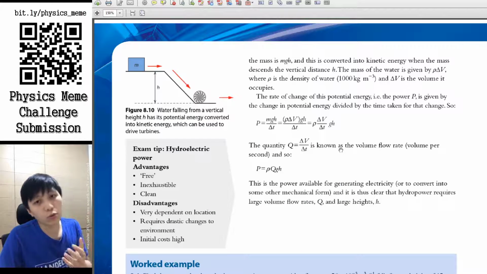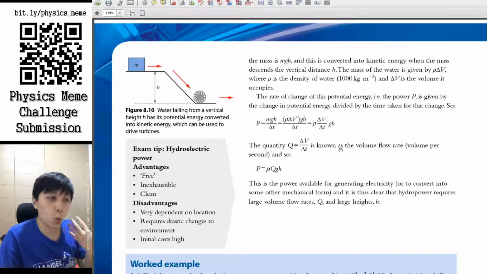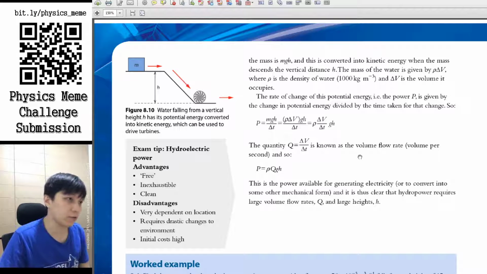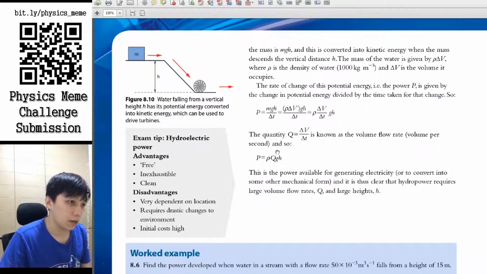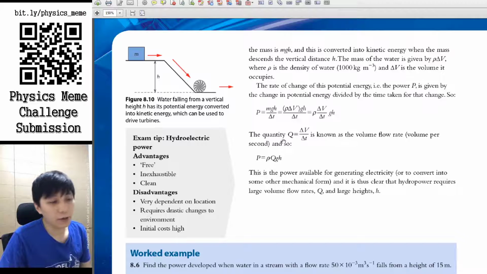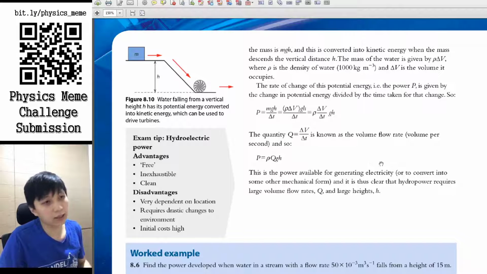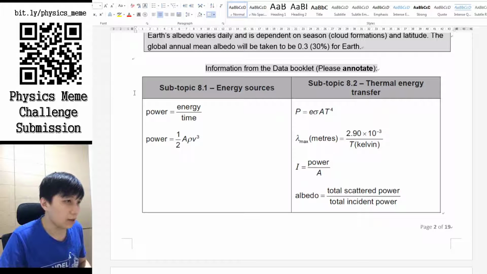And now we include more of a quantitative view towards hydroelectric power. If you look at the textbook here, there's an equation that you can see. And one thing is that if you try to look at the data booklet, under 8.1, you will not be able to find that particular equation.